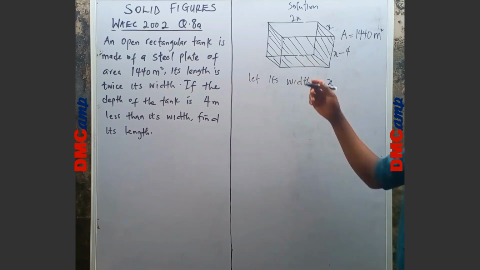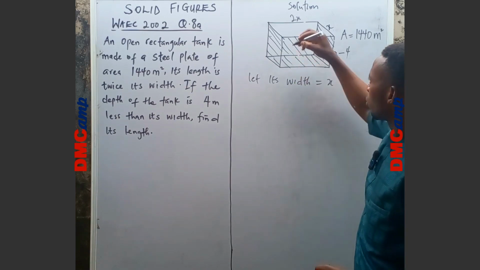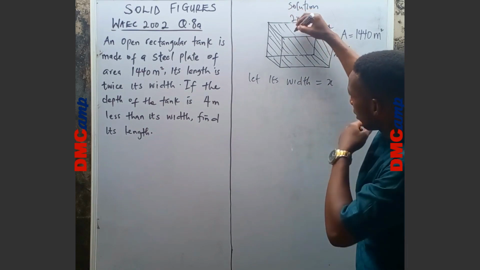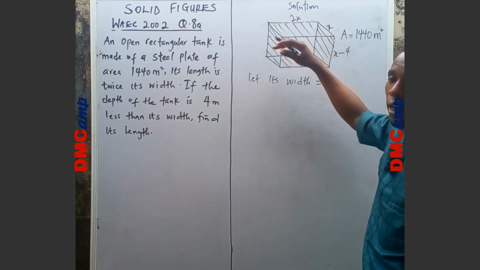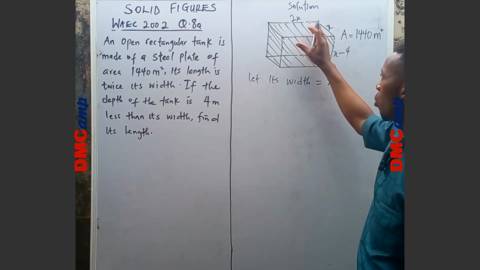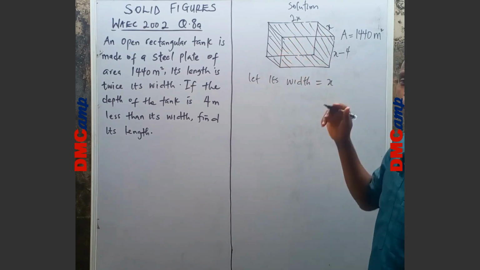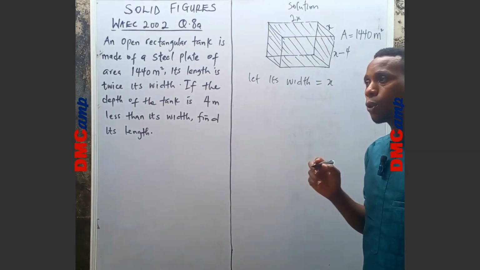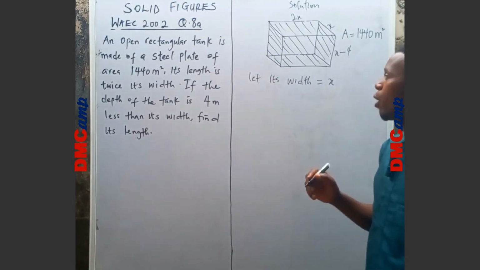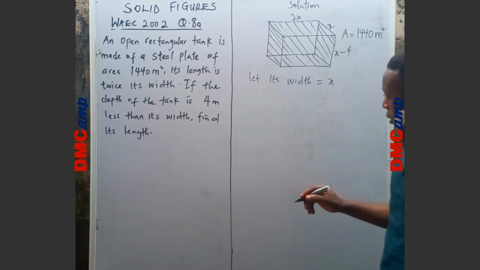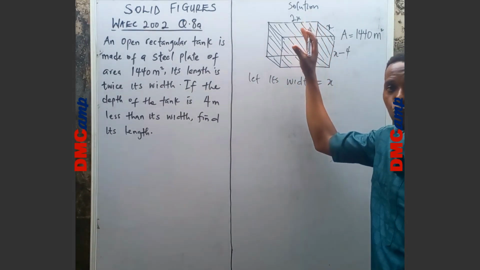Now, to solve a question like this, we are going to consider this to be a closed tank, that is, everywhere is closed. There is no open part here. From the previous videos, I showed you how to find the total surface area of a cuboid. Let's use this to derive the formula.